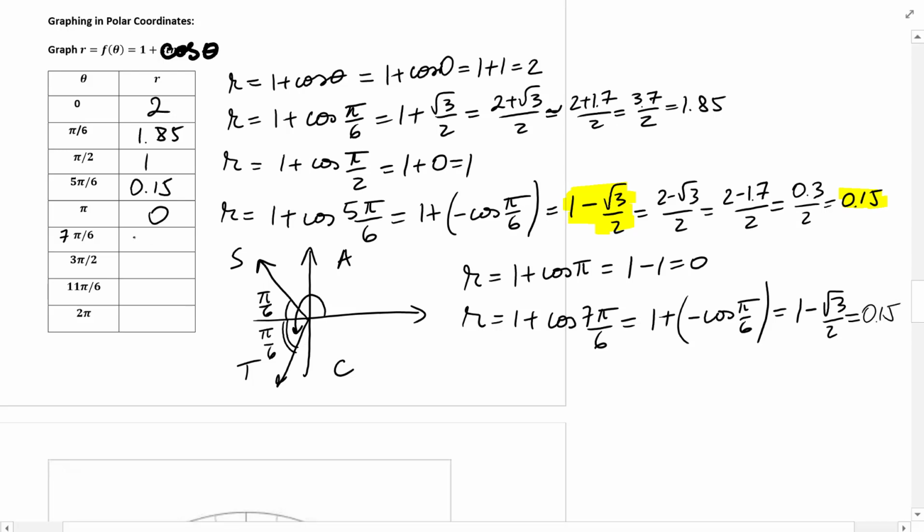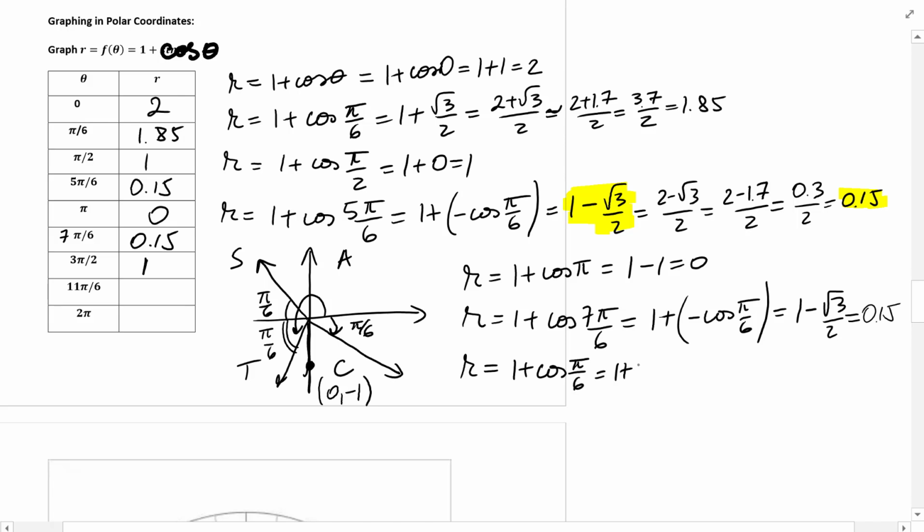Then for 3 pi over 2, it's here, which is of coordinates (0, negative 1), so cosine would be 0, so 1 plus 0 is 1. Then 11 pi over 6 would have pi over 6 as the reference angle, so cosine of 11 pi over 6 would be the same as cosine of pi over 6.